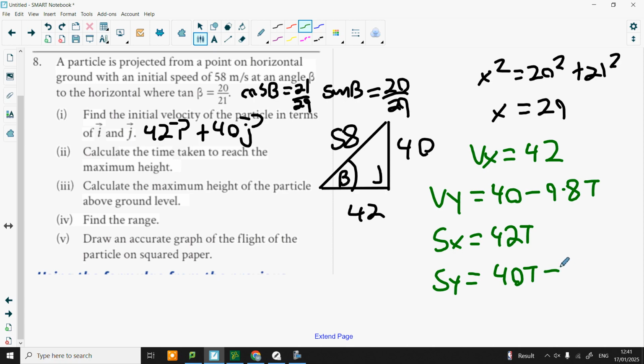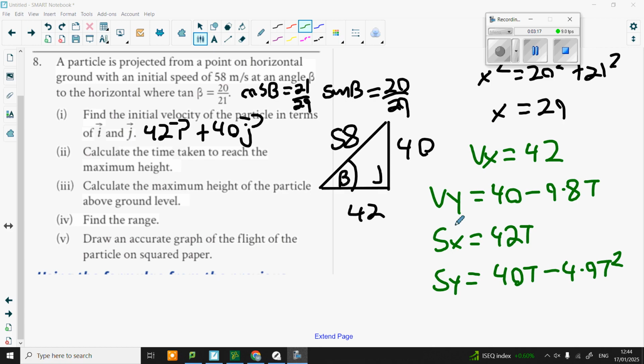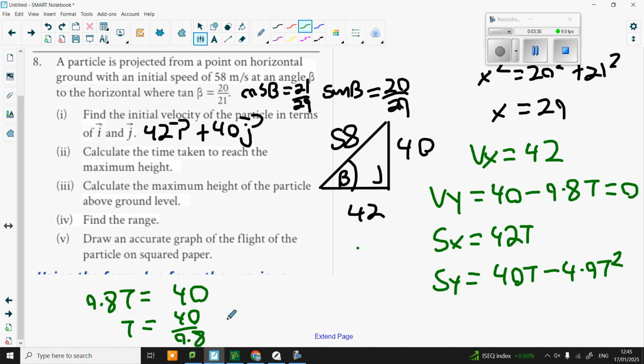Yeah, ut plus a half at squared, half your gravity, t squared. Now you're going to do what you did in the question on the board. Now, so, phi y equals 0, 9.8 t equals 40, t equals 40 over 9.8, which I've been told is 200 over 49.